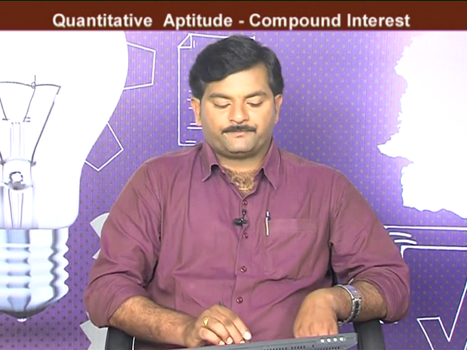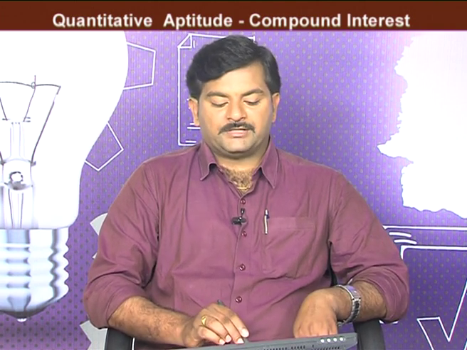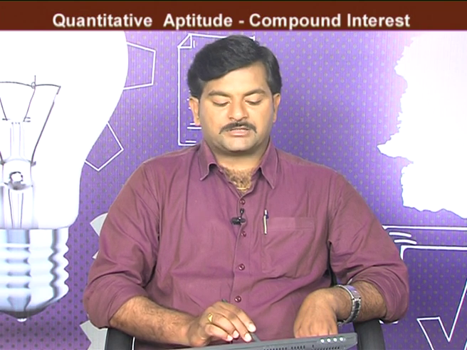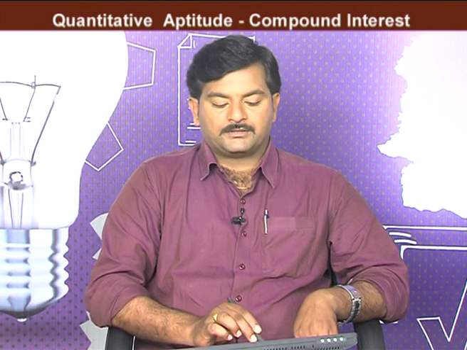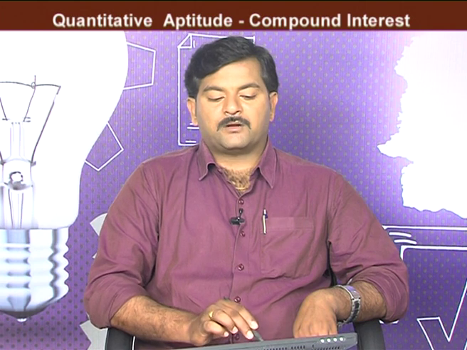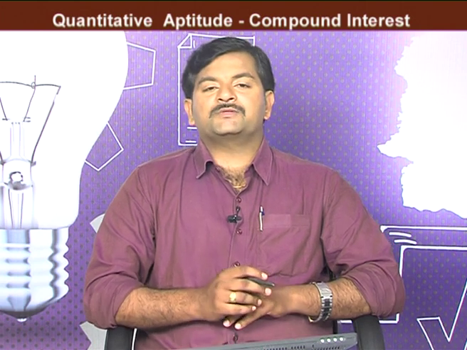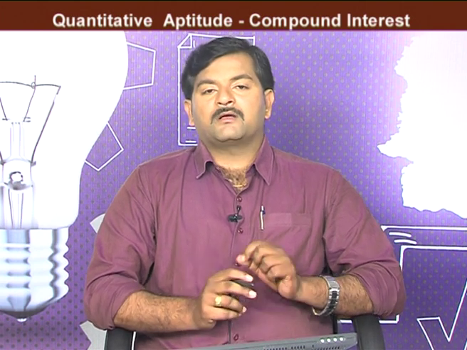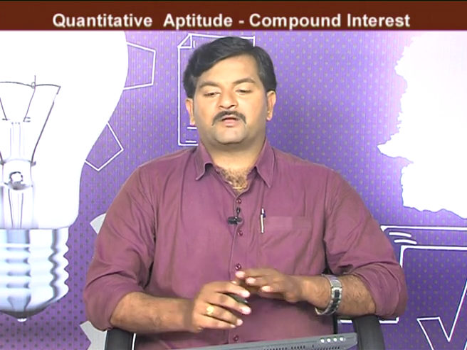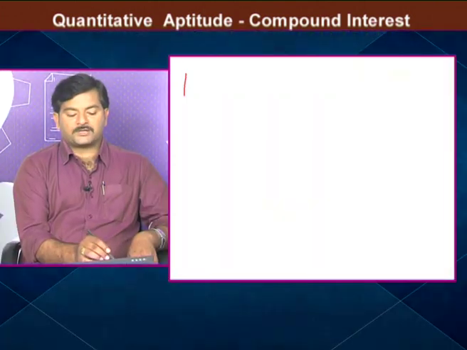In previous sessions, if you remember, we saw the concept of simple interest. Now compound interest. For these questions, there is a concept of both simple interest as well as compound interest. Before explaining this question, there is a small shortcut formula.